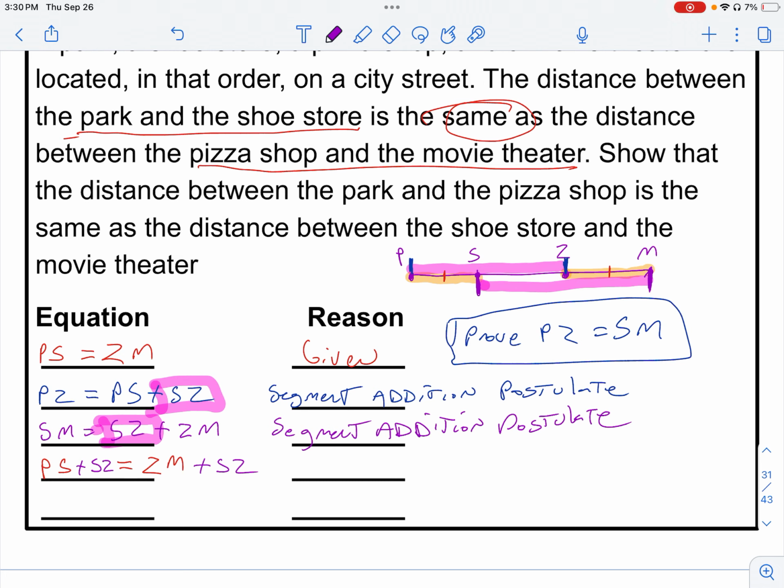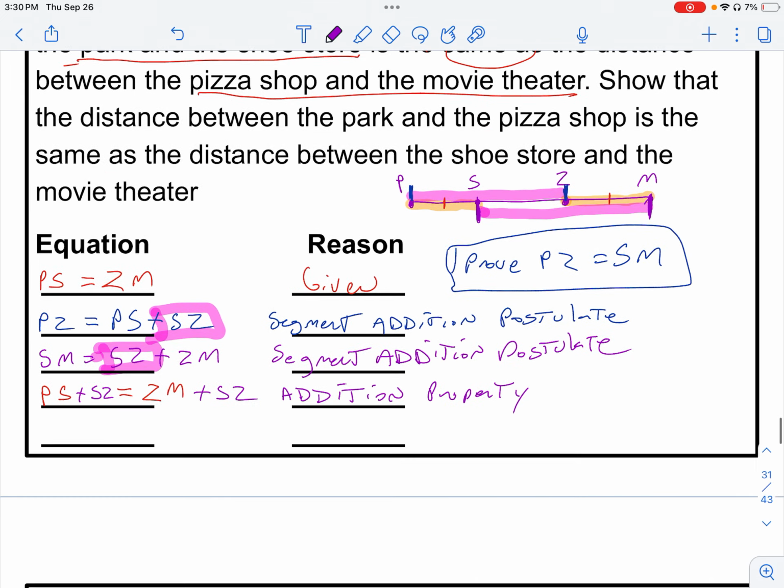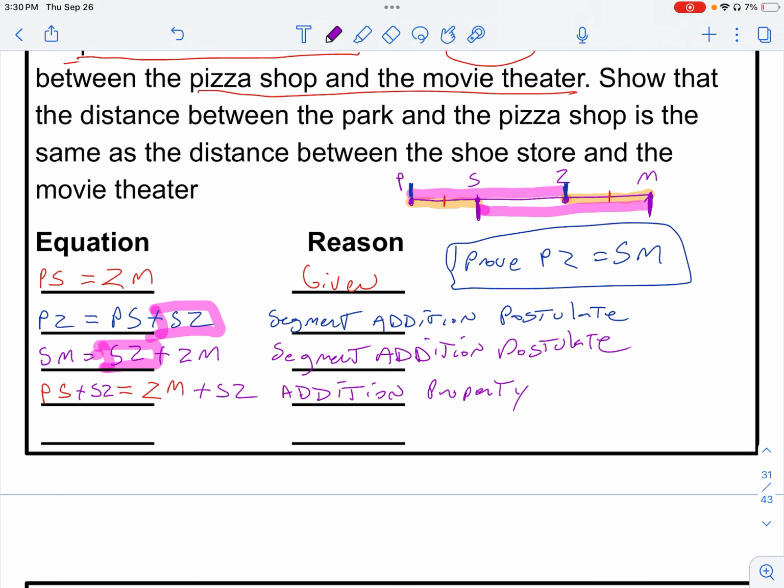So if I add SZ to both sides of my original given, that's just an addition property. Well, PZ right here equals PS plus SZ, so I can substitute PZ there.